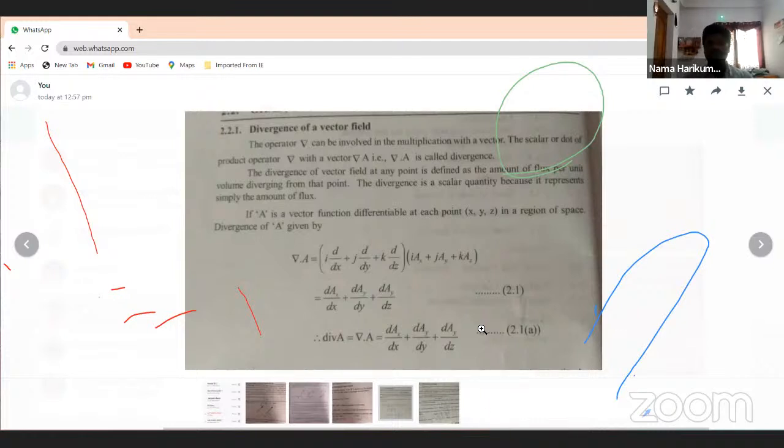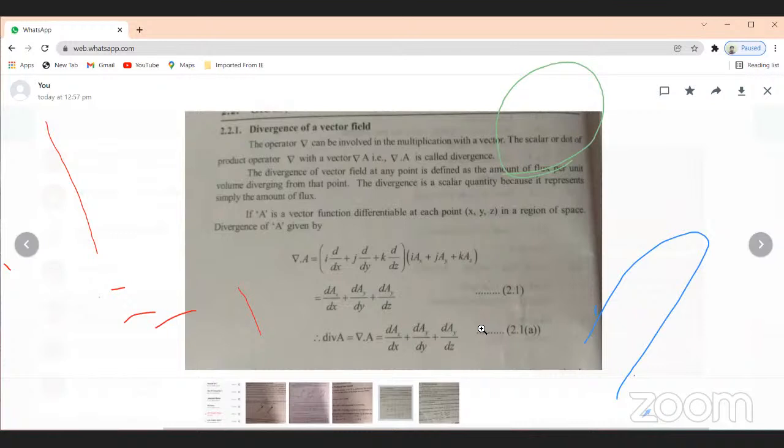If you have any doubts in this one. Sir, you said A cross B is equal to AB sin theta. So is A bar cross B bar equal to AB sin theta, or A bar B bar sin theta? Which one is correct, sir?